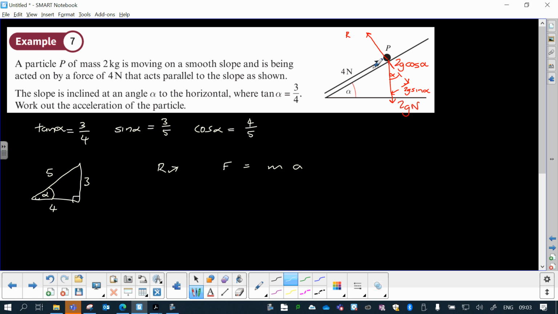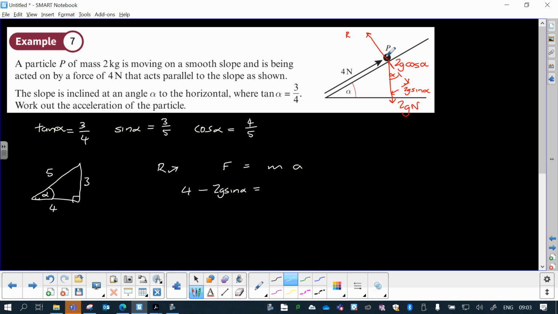So I'm only looking in terms of this diagonal line. I've got a 4 Newton force which is going up the plane. It's the only one that's pushing this thing up the plane. And then I need to subtract any that are trying to drag the thing down the plane, which is this 2g sine theta. Remember, even though I've drawn it down here, that's just because right angle triangles help us to visualize the magnitude of the force.